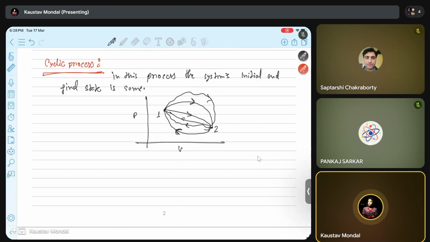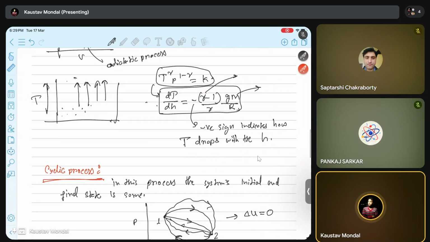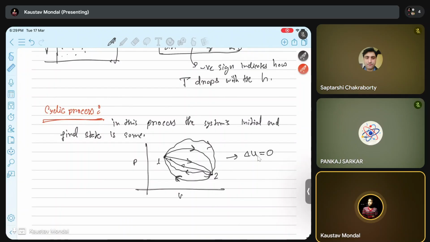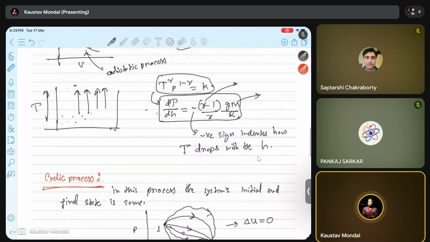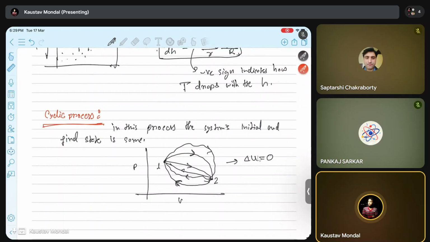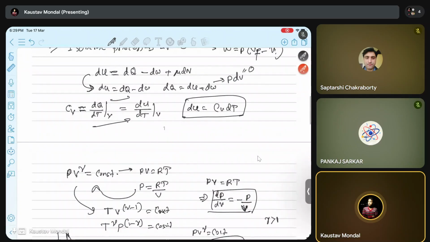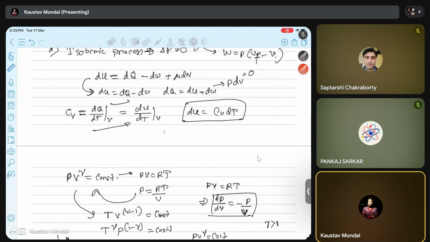One of the important properties, which is very important to remember, is that delta U is 0. During a cyclic process, the change in internal energy equals 0. So whenever a problem mentions a cyclic process, we have to consider delta U equal to 0. In that problem you may use the first law of thermodynamics, dU equals dQ minus dW.